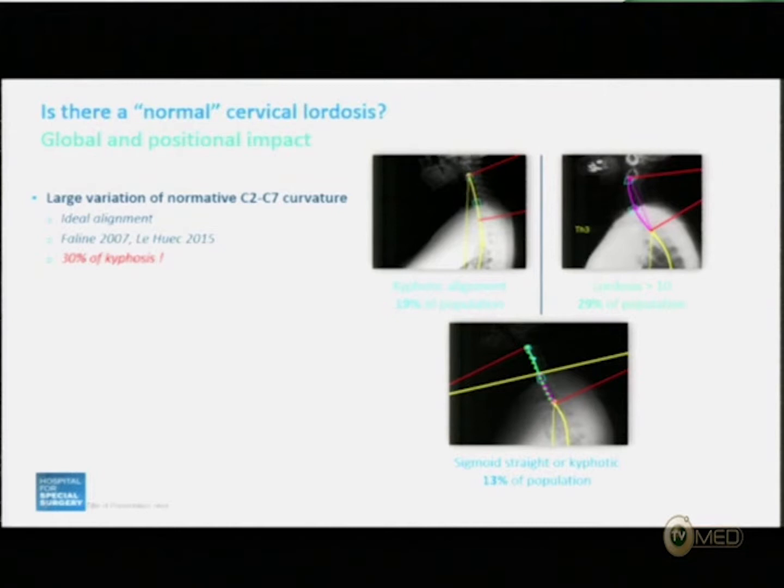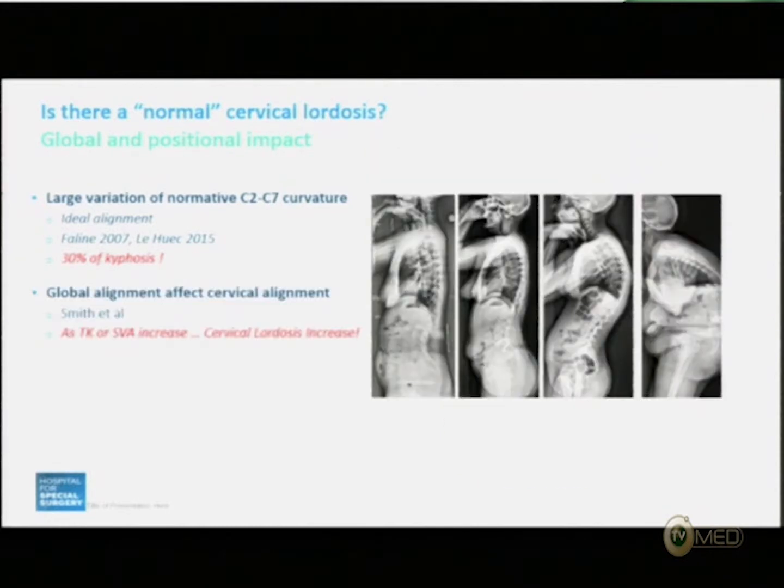That's a huge number, and it was demonstrated more than 10 years ago by Faline, and more recently by Leuwek. The second reason is that the shape of the cervical spine is going to be affected by everything that is happening below. So look at those 4 subjects. From left to right, here you have an increase in thoracic kyphosis, and here you have a big sagittal deformity.